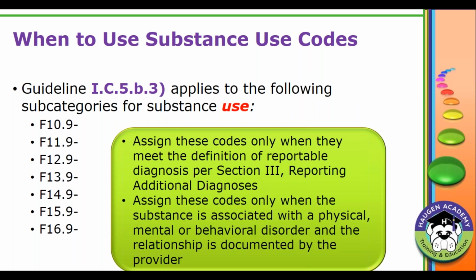The other part of this says assign these codes only when a substance is associated with a physical, mental, or behavioral disorder and the relationship is documented by the provider. Now, they did change this guideline recently and added the word physical. So before, you could only code this if there was an associated mental or behavioral disease, but now they're saying that you can also code it if there's a physical thing. Again, this is for use.